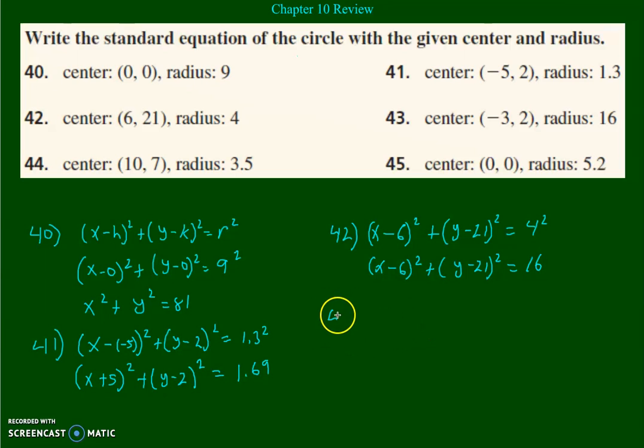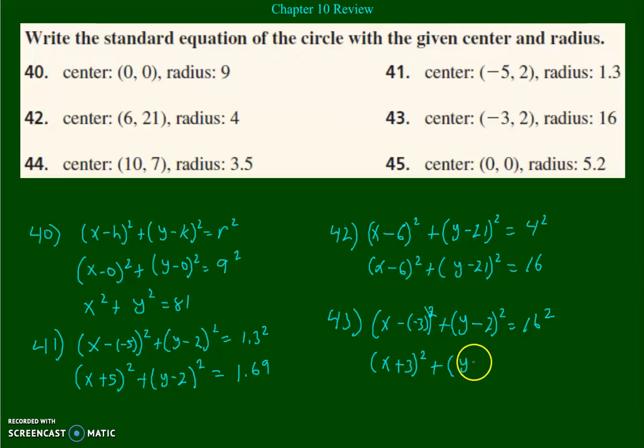And for 43, we have x minus negative 3 squared plus y minus 2 squared equals 16 squared. This gives us x plus 3 squared plus y minus 2 squared equals 256.